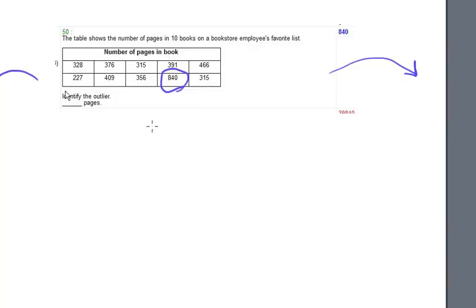So what we want to do to figure out this is to eliminate the outlier, which we're going to do here. So I'll just pretend that doesn't exist. Then you put everything in order again, from smallest to largest, and figure out the pages.